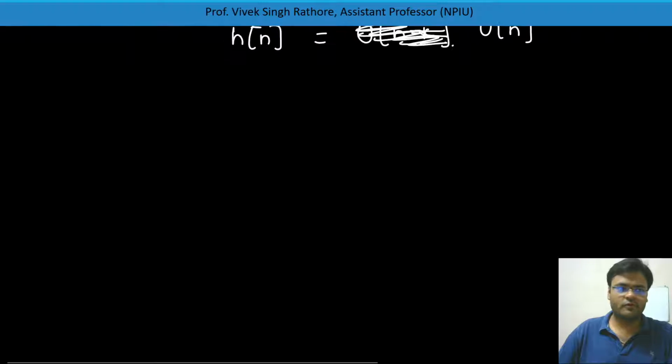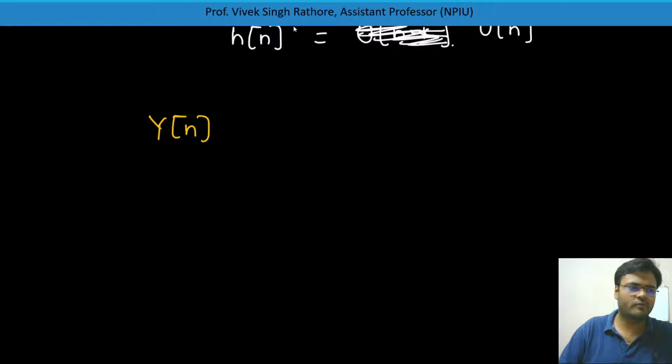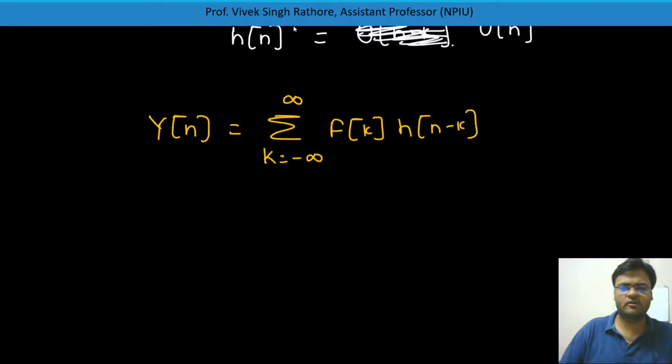We'll do it mathematically only, because by the graphical method it would take so much time. For getting any output, we take the sum over k from minus infinity to infinity of f(k) times h(n minus k). This is the true convolution from a mathematical point of view.